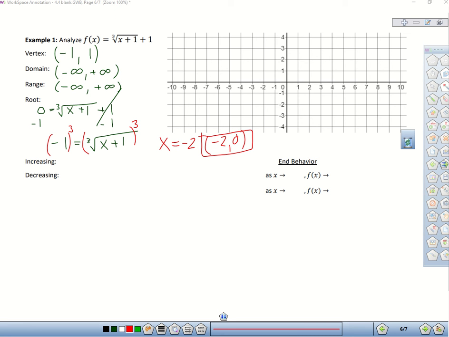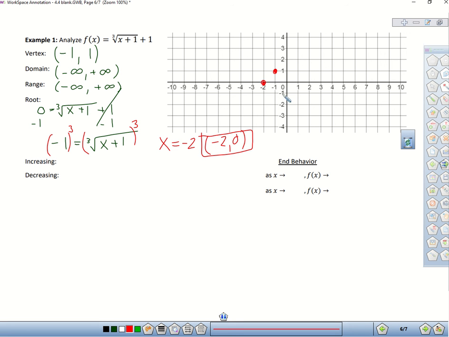Okay, so moving on. Now we are going to identify and plot this. So you're going to plot your vertex, which is at -1, 1. And then you're going to plot your root, which is at -2, 0.